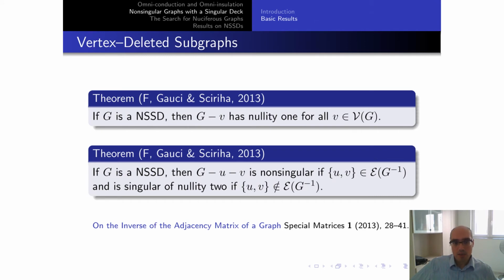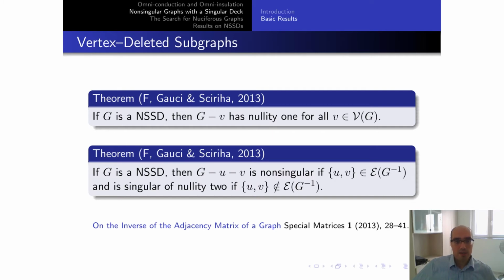What is more interesting is what happens when you remove two vertices from an NSSD. And this is really important for us because when you end up with a non-singular matrix when you remove two vertices, that happens exactly when the entry in the inverse at u and v is non-zero, which means, in other words, that the inverse NSSD has an edge there.